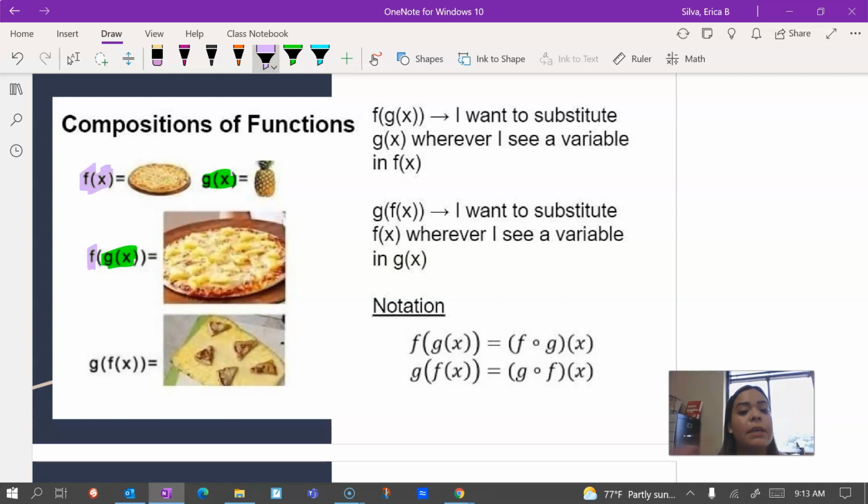So it's like a pizza, and then you put the pineapples on top. If it's the other way around, say we do have g of x and we get the pineapple, and as silly as this is, we would put the pizza on top of the pineapple. So we're basically looking at what is our main function.